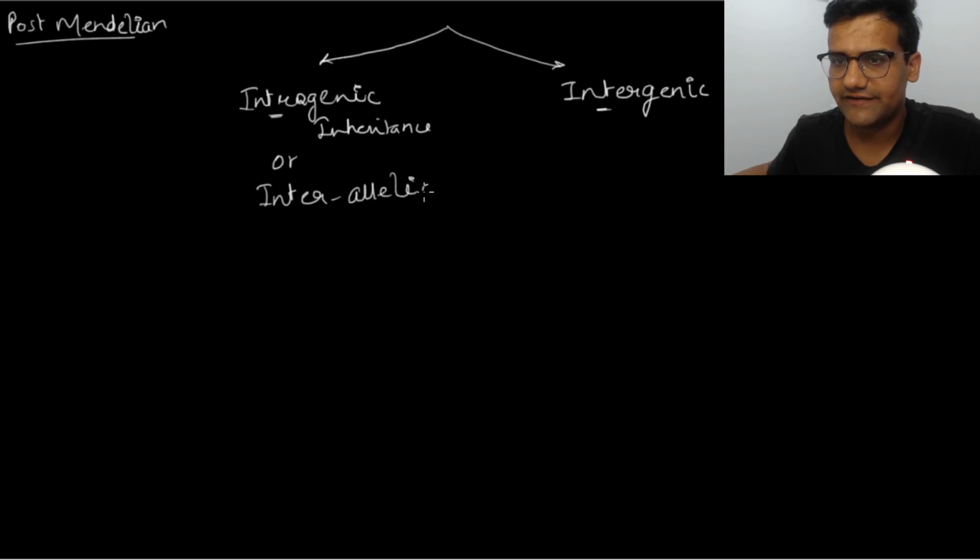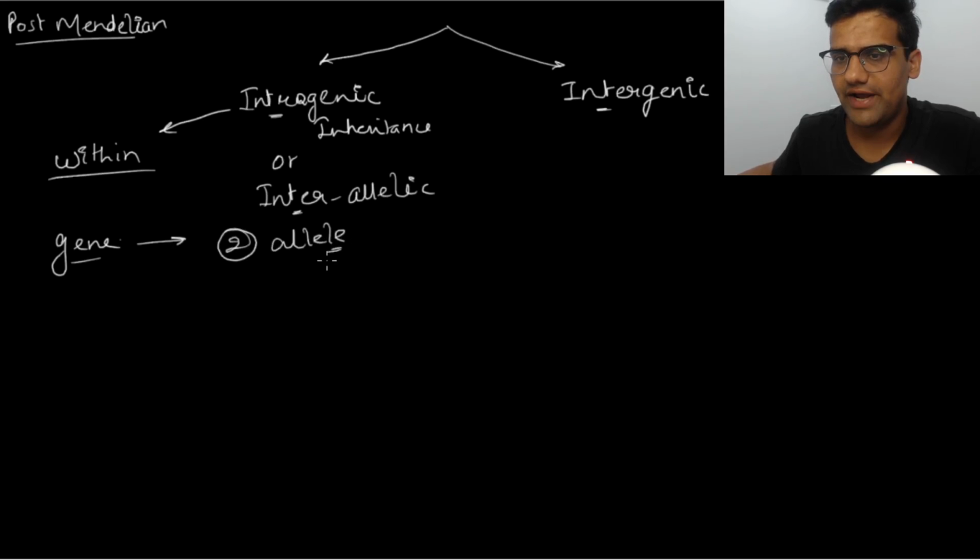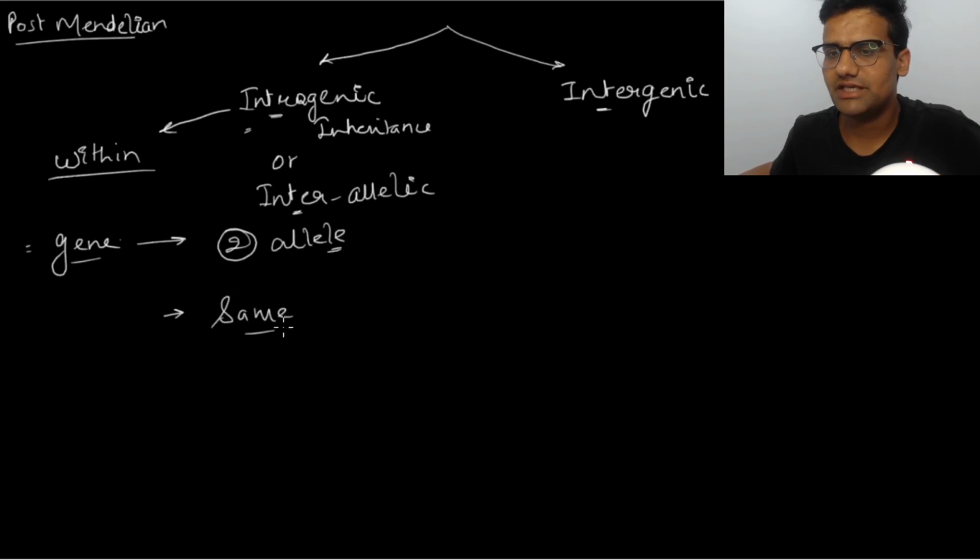Intra means within, within the gene. That means a gene has two alleles, and this type of inheritance occurs within the same gene, or between two alleles of the same gene.